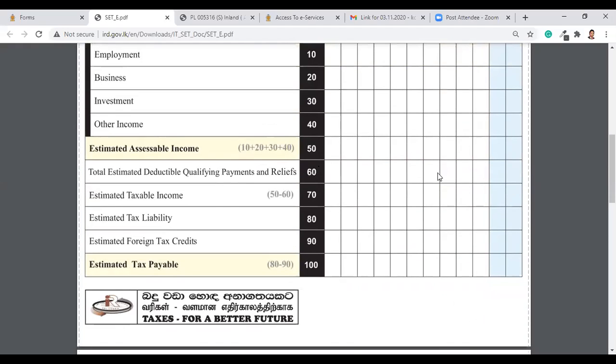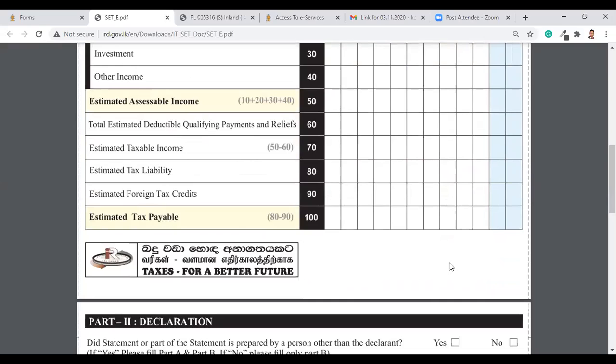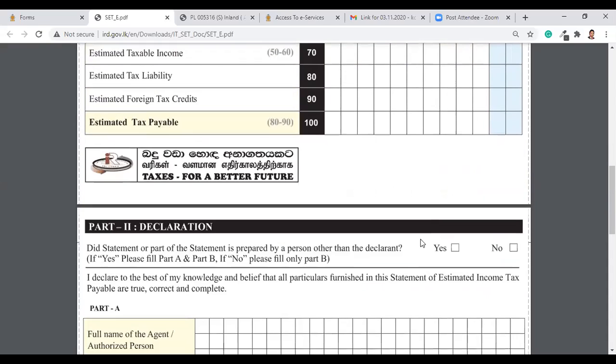Then they can deduct qualifying payments and relief. Then the taxable income and the estimated tax liability by applying the rate. Then if there is any foreign tax credit, they can take that, and the estimated tax payable for the year. Then quarterly you are making the payment.